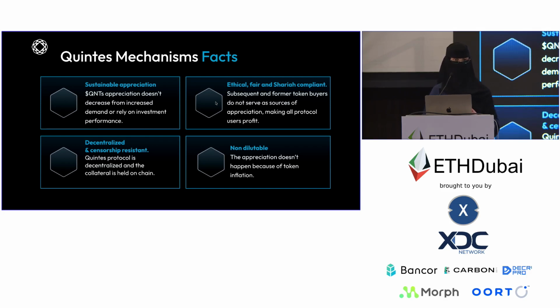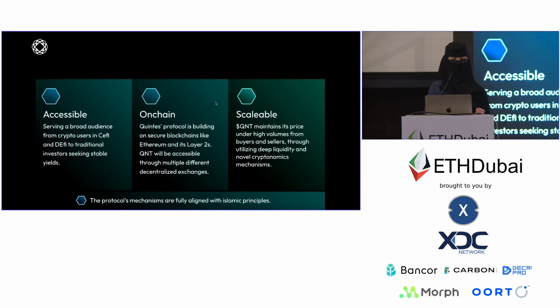It is decentralized and censorship resistant. The collateral is fully on-chain and non-custodial. It's also sustainable because users can redeem at any time, regardless of the state of the market.